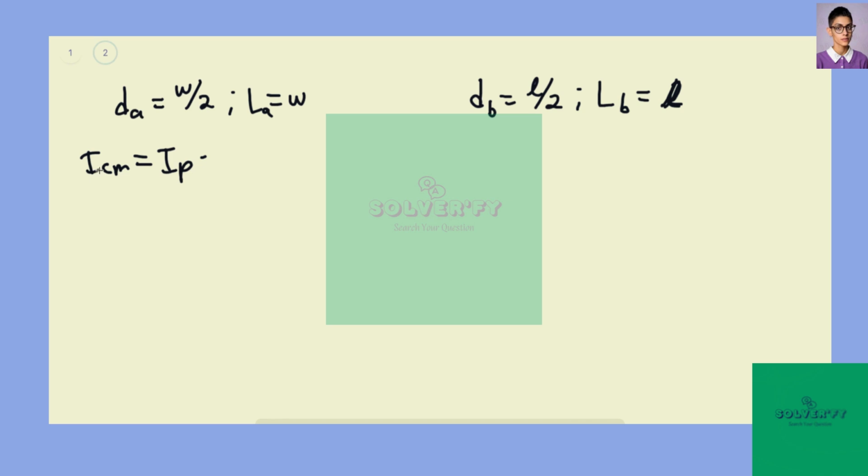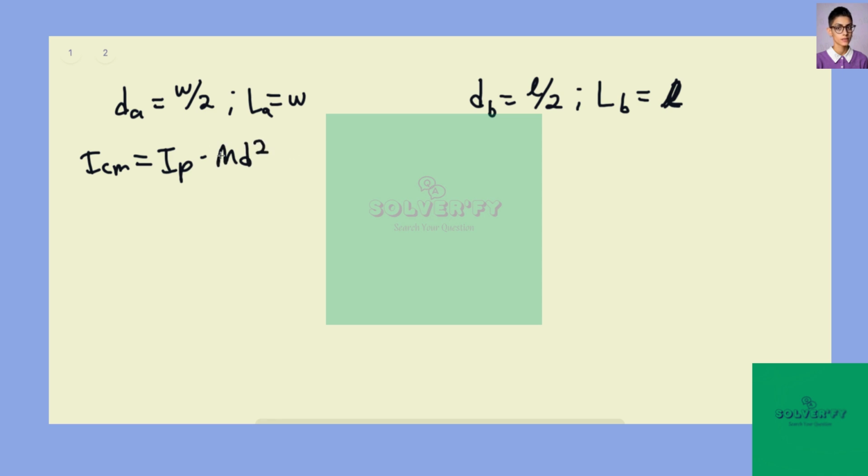So now I of the center of mass equals the moment of inertia about an axis along an edge, minus md squared.